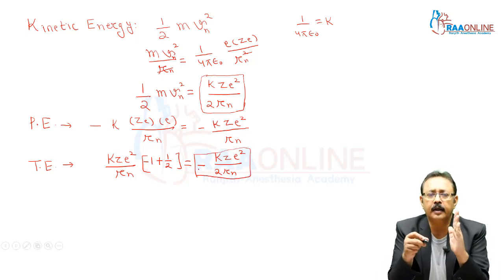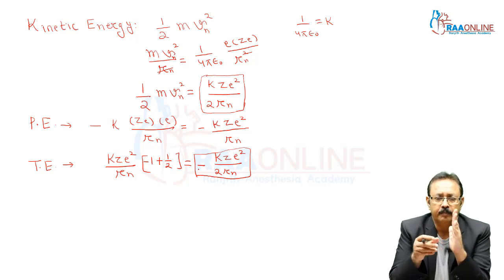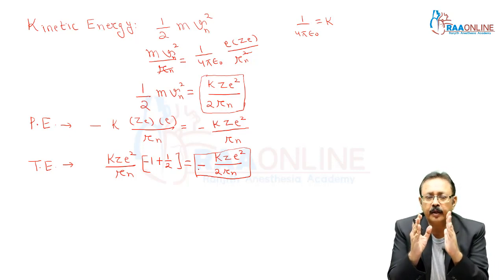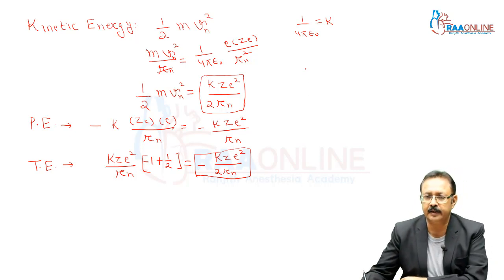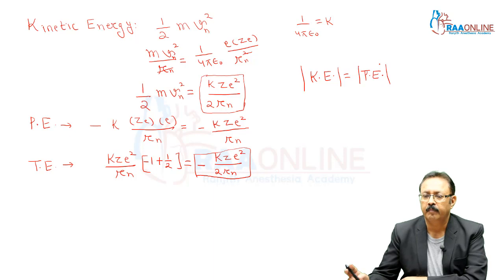So remember this concept: the kinetic energy and total energy are the same in magnitude, because they frame problems on this. So I am writing here: the magnitude of kinetic energy, the modulus of potential energy, and the total energy are related. The magnitude of total energy and kinetic energy is the same.